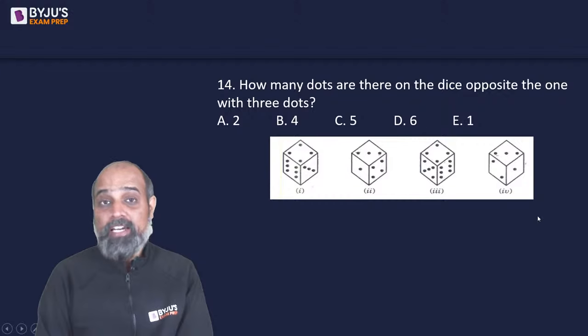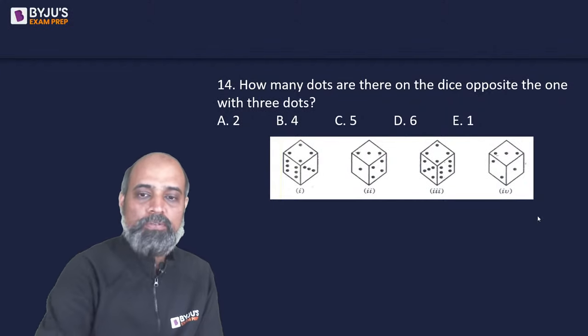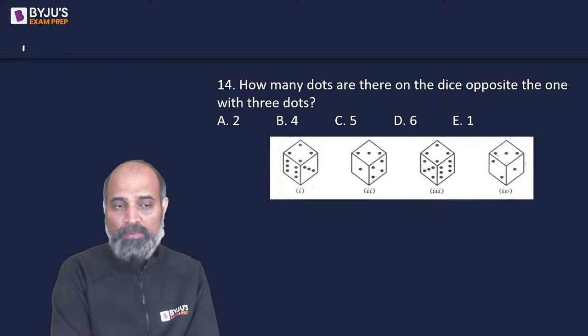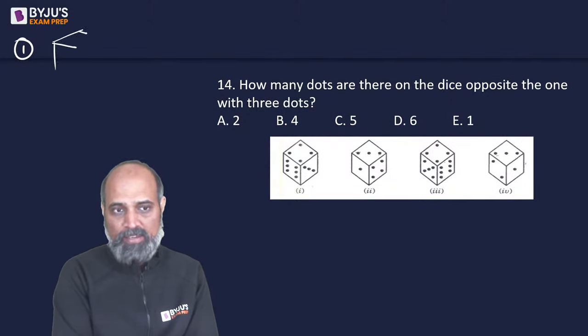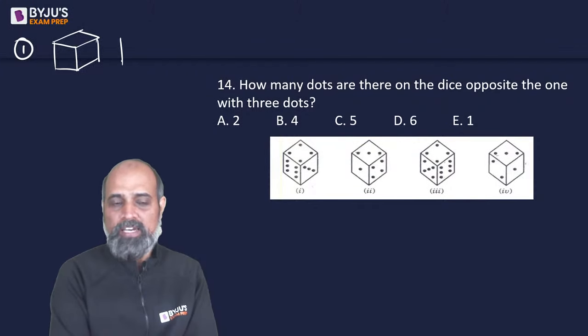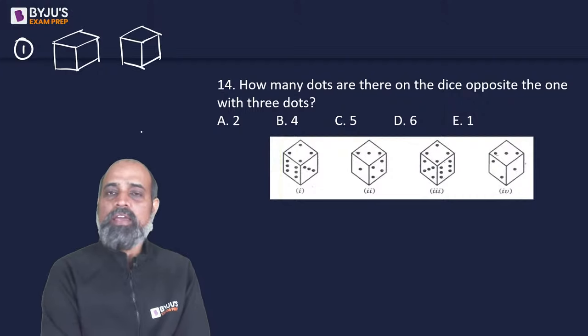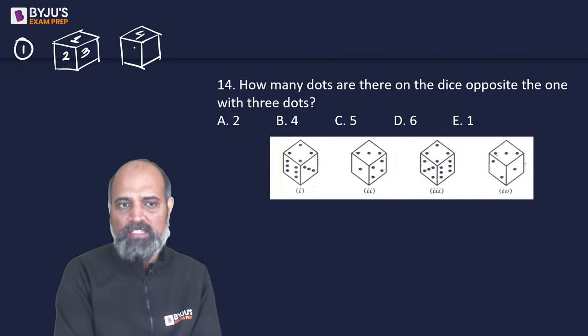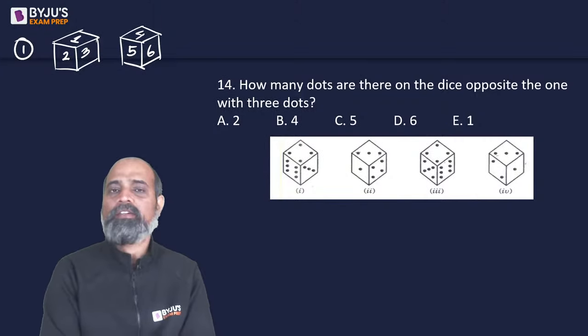Now, the questions on dice. A few concepts. First, in a dice, if there are 2 dice drawn, and on one it is written as 1, 2, and 3, and the next one is written as, let's say, 4, 5, and 6.